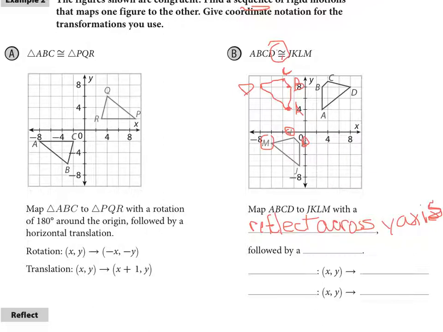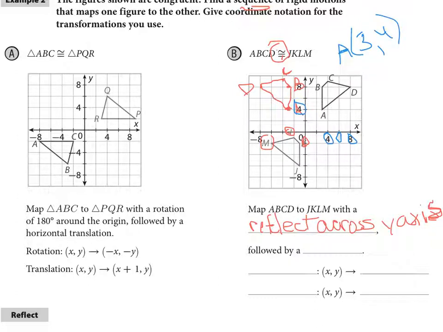So if we look, and notice, by the way, that they made these by 2s. 2, 4, 6, 8, okay? Each line is 2. So A would be at, I'm talking about this A right here, would be at 3, 4.